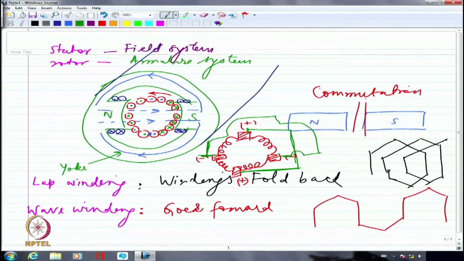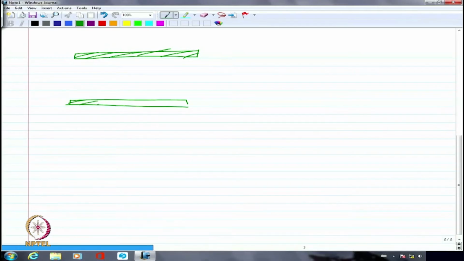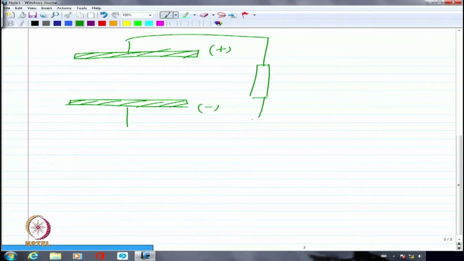So I can write the whole thing in the form of a diagram as though there is a positive bus located here, a negative bus located here, and between both of them I will connect my load. Maybe the load is a resistor, maybe the load is a DC motor, whatever it is, I'm connecting the load like this.